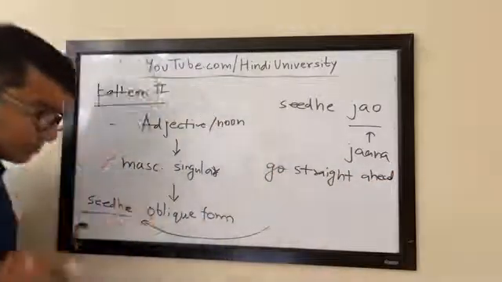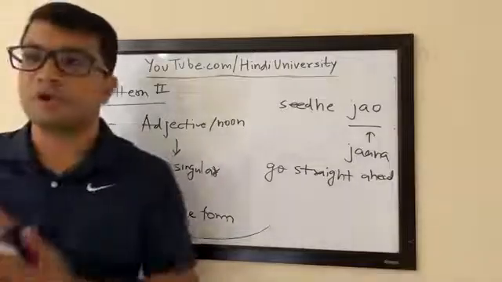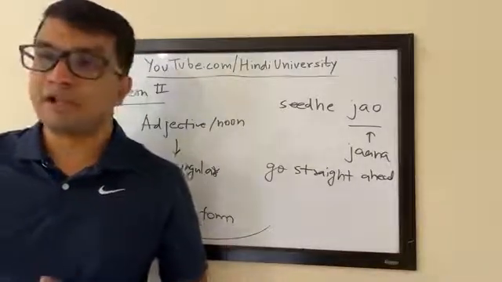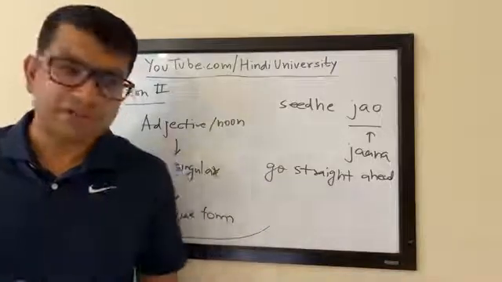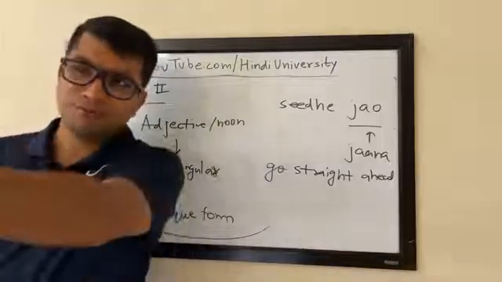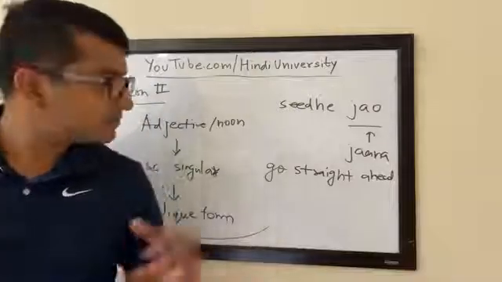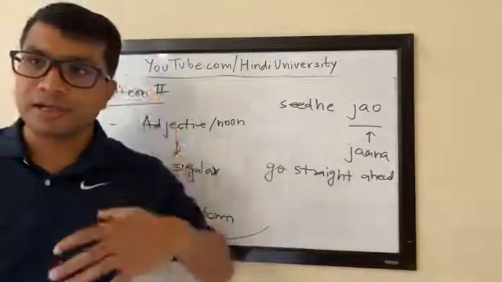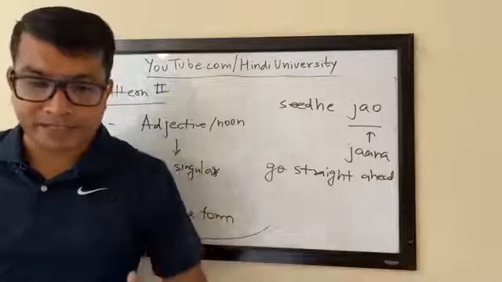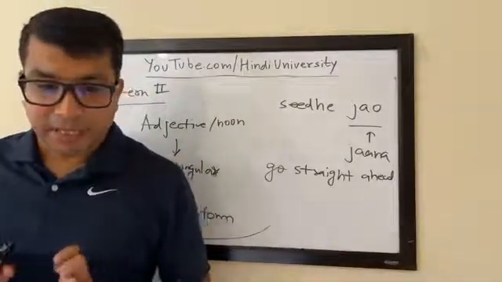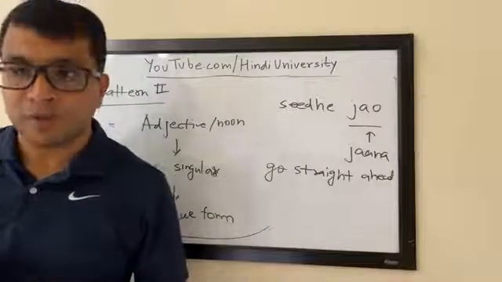So let's say you go to a medical shop and you ask them, sir, मुझे railway station जाना है, and if it is close by, they'll tell you सीधे जाओ. That means go straight ahead. In that case, सीधे जाओ is describing the where part of it, and it is used as an adverb.